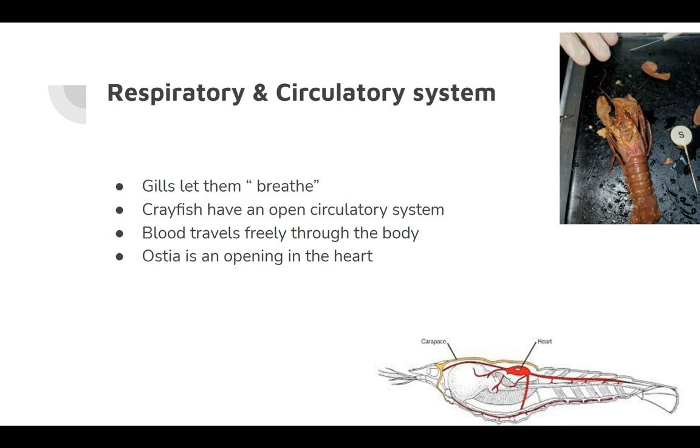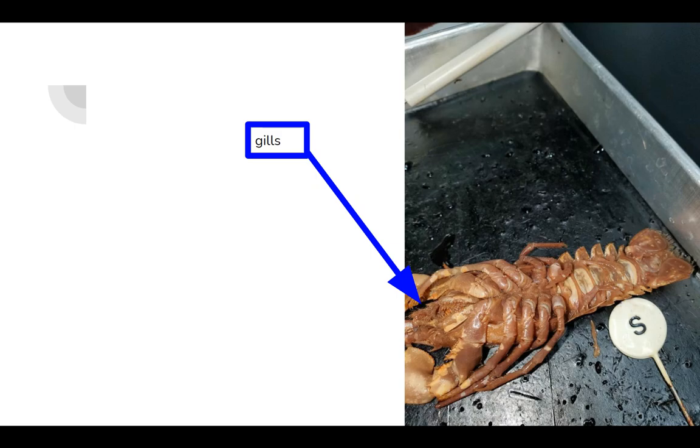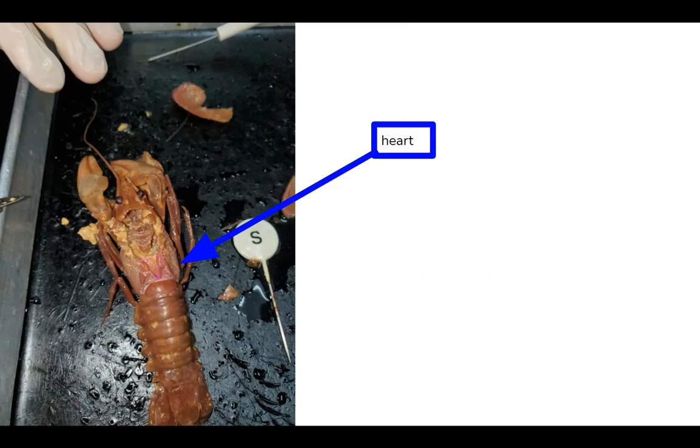The ostia are openings in the heart that let the blood come in and go out. It's hard to see, but right in the front where it's pointing is the gills. It's really feathery and almost weird looking. And then up there is the heart. It's the pinkish looking area.